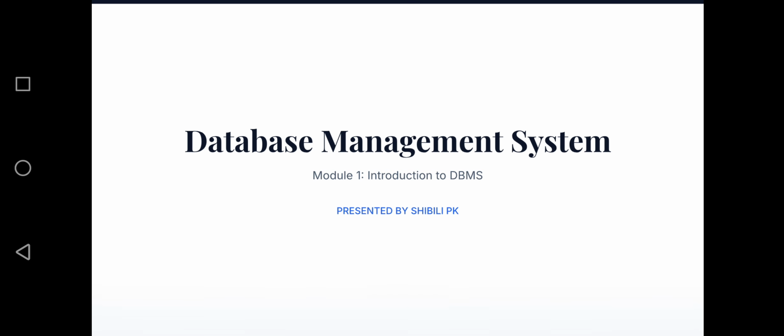In module 1, we are going to discuss what is a database, and where we actually use databases. Why has the database become so prominent, what are the advantages over the traditional file system, and what are the basic concepts of databases. These are the simple concepts that we are going to study in this module. So let's start.